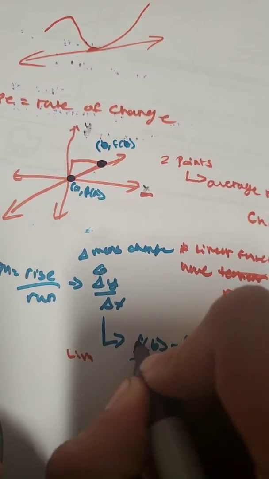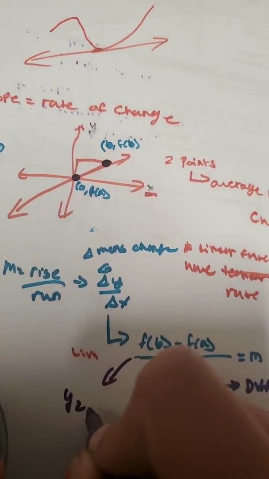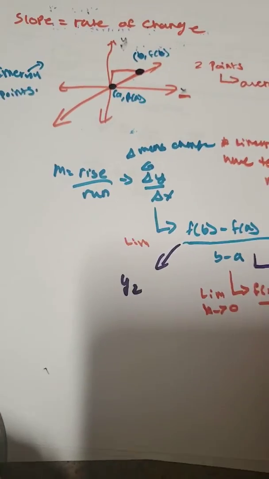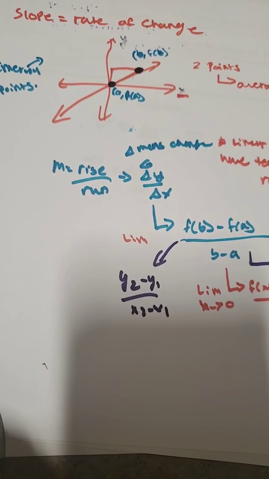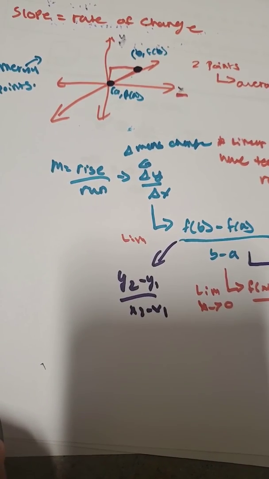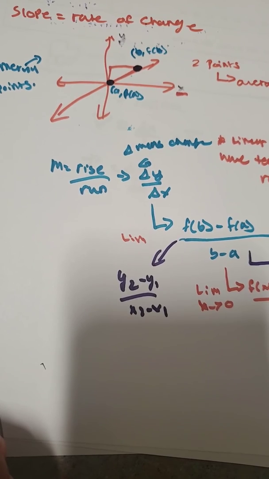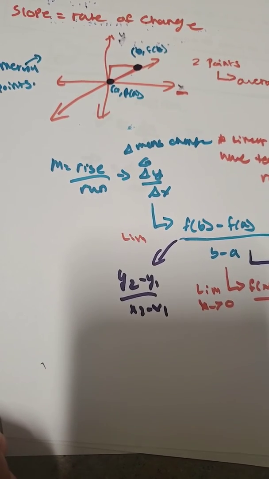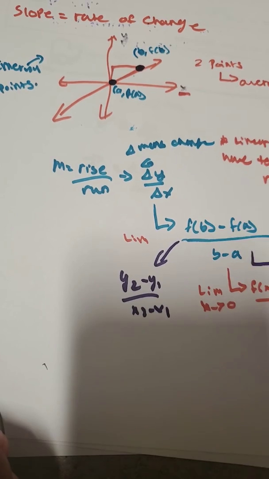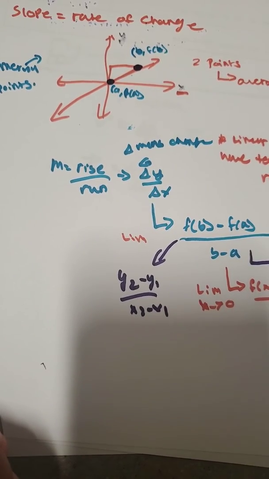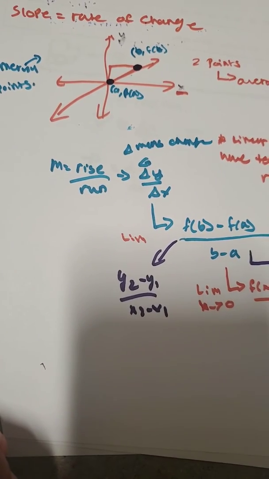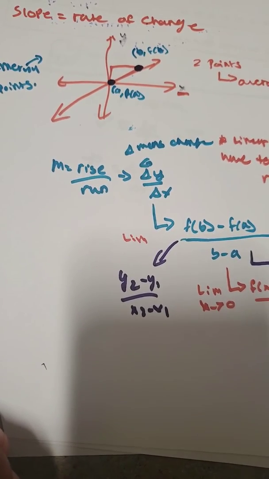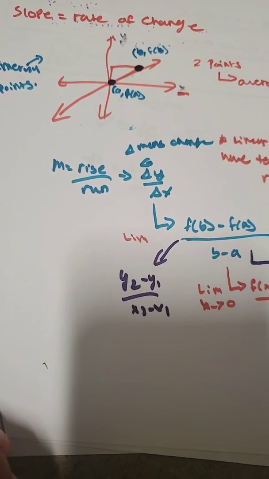This is also commonly written as y2 minus y1 over x2 minus x1. Pretty much we define the slope as a change in the y values, so it's second point minus the first point. It doesn't really matter as long as you keep the same convention, y2 minus y1 over x2 minus x1. Which also defines the difference quotients, which we'll cover in a separate video.